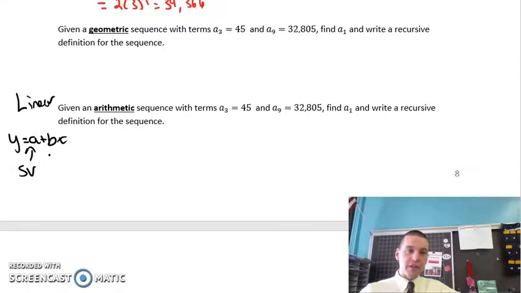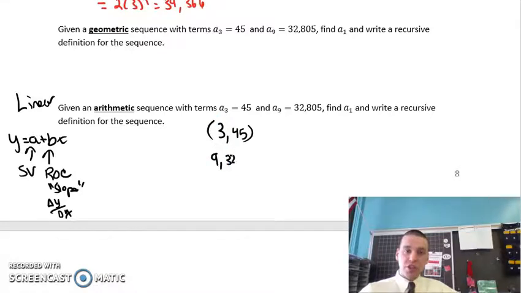If it's linear, we know we have y equals a plus bx. A is our starting value and b is our rate of change. If it's linear, we need to find the rate of change, or as the word goes, the slope, which is the change in y over the change in x. Looking at these two terms given to us, we have our 3rd term, which is 45, and our 9th term, which is 32,805.